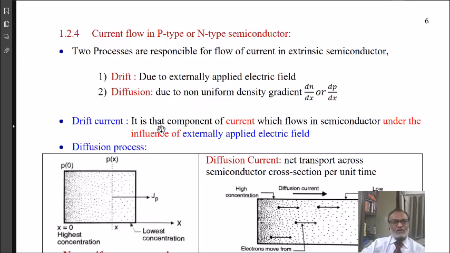Now we have already seen the drift current. When we apply the external field, there is a force acting on the particles and therefore these particles move to the appropriate positive or negative terminal depending on whether it is a hole or an electron.